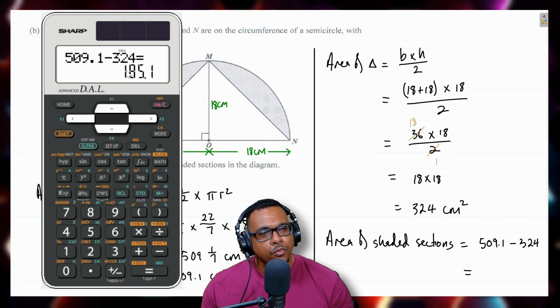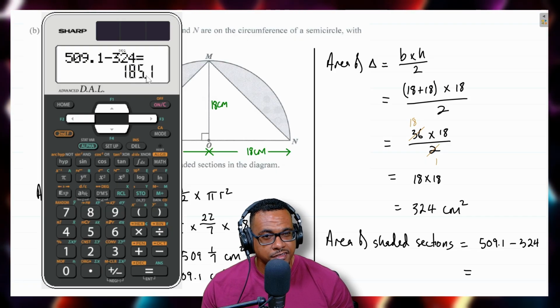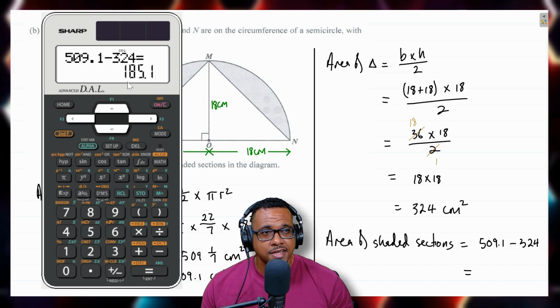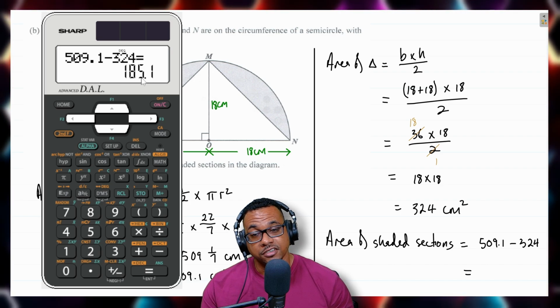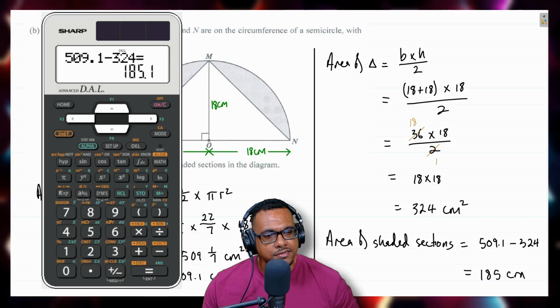And we get 185.1. Of course, I'll write this to 3 significant figures because remember that 509.1 was approximated. So let's write this as 185 to 3 significant figures. So 185 centimeters squared.